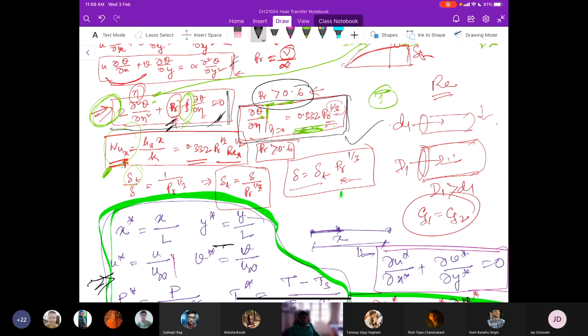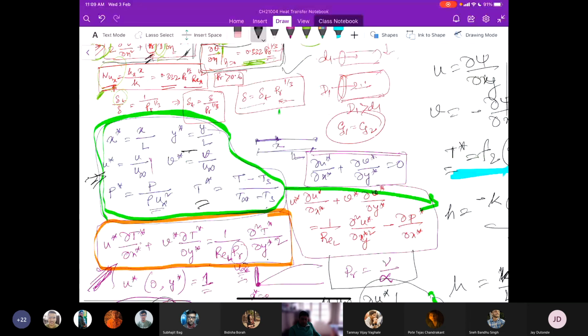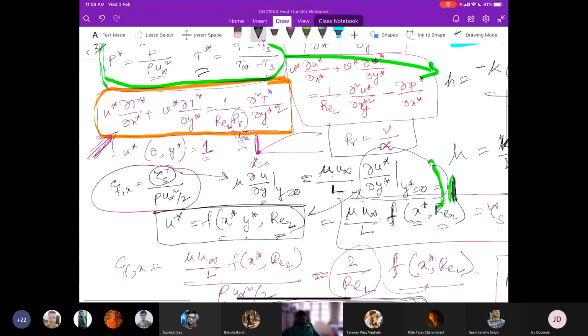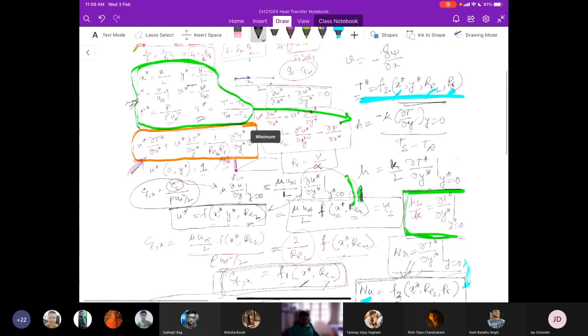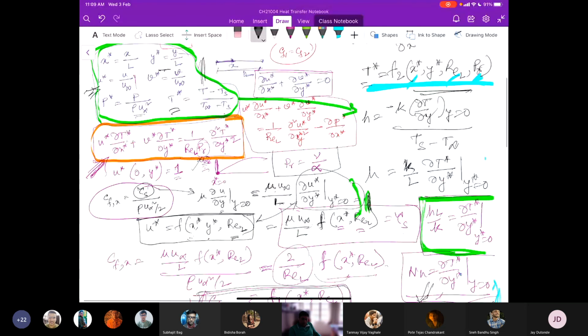This is how the Prandtl number appears in the energy equation. Later, I also showed you that when we non-dimensionalize the terms and replace these non-dimensional variables in the energy equation, we get this Prandtl number.